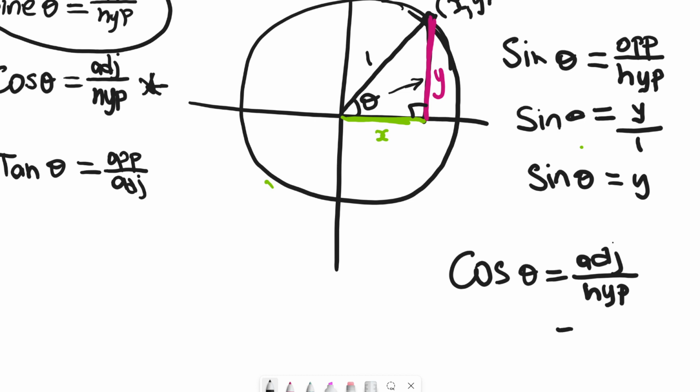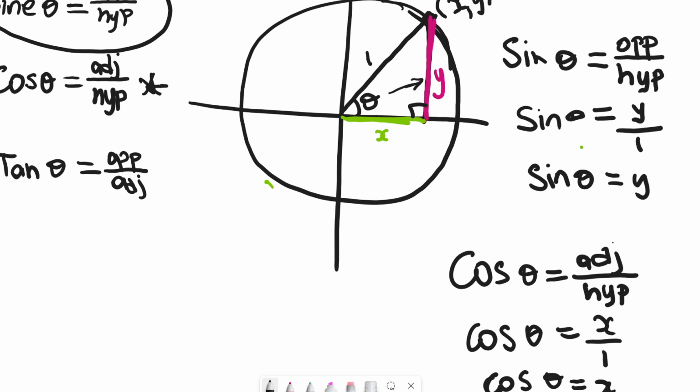So that's going to be x. What is my hypotenuse? My hypotenuse, again, is 1. So cosine of theta is going to be x divided by 1, or we can say cosine of theta is equal to x.